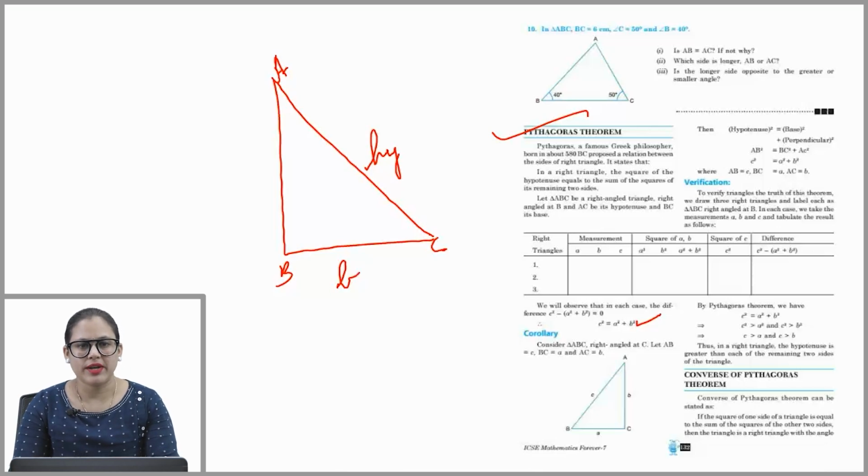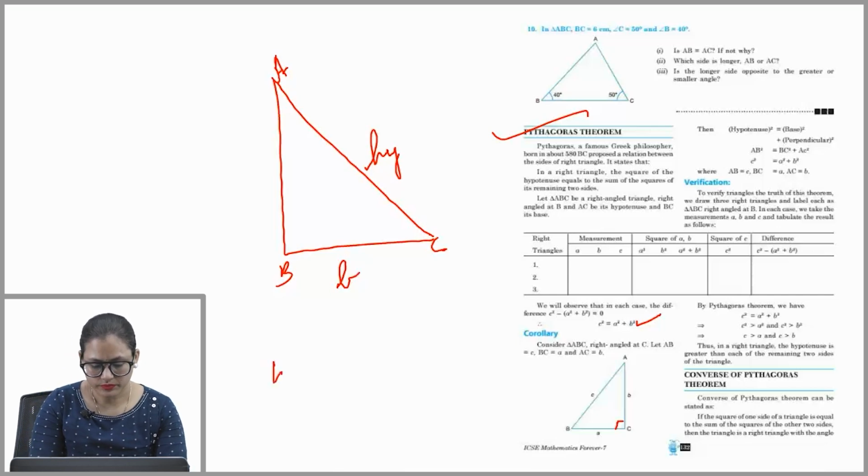Corollary. Consider triangle ABC, right angled at C, and let AB is equal to c, BC is equal to a, and AC is equal to b. Then hypotenuse square is equal to base square plus perpendicular square.